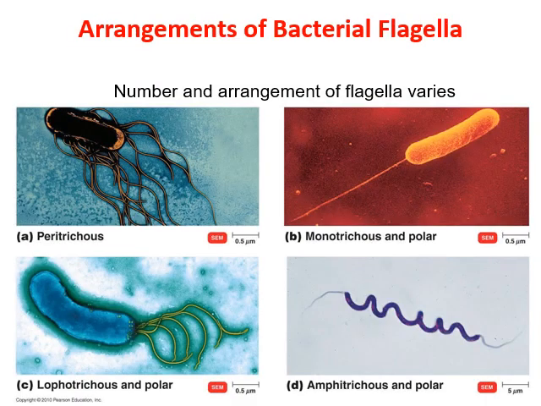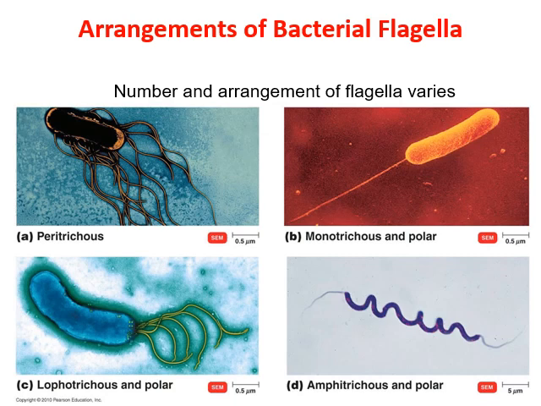According to the arrangement of the flagella on the surface of the bacteria, bacteria can be divided into 4 main groups. Peritrichous, where the flagella are arranged all over the cell wall. Monotrichous, also polar, where there is only one flagellum at one of the poles. Lophotrichous, where there is a bundle of flagella on one of the poles, also called polar.